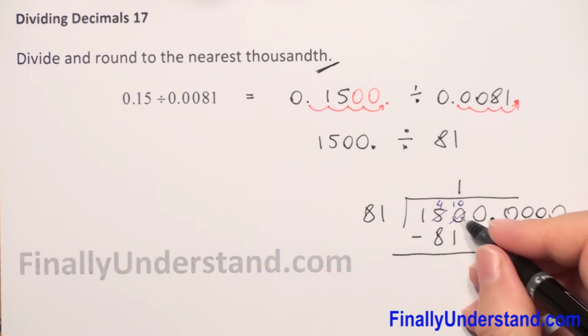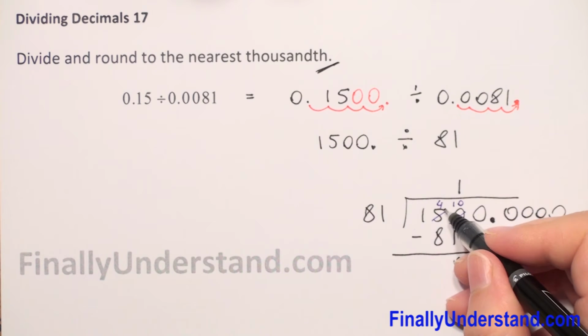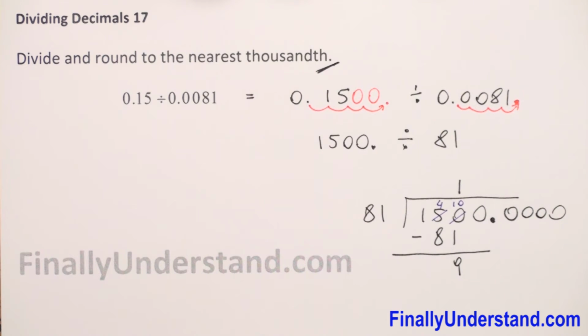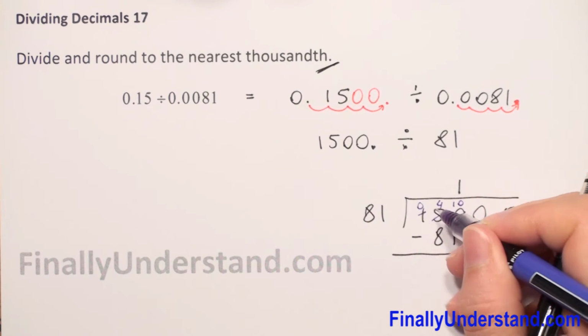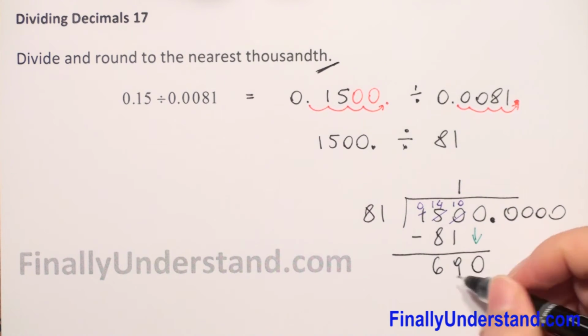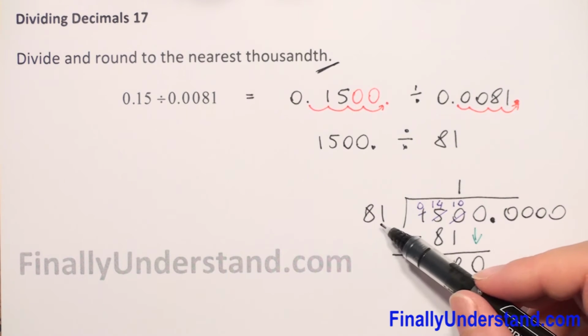And now we have 10 minus 1 is 9, 4 minus 8 we cannot do, so we have to take this one. So now it will be 0 here, and we have 14 minus 8 is 6. What next? We have to take down the next digit, this 0.